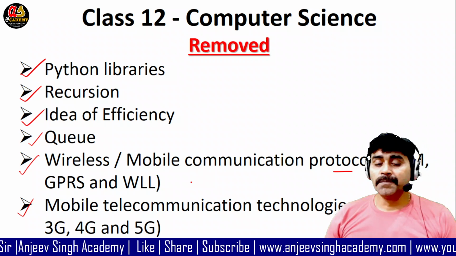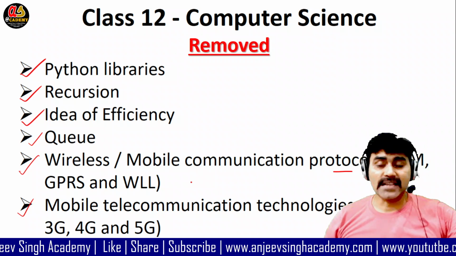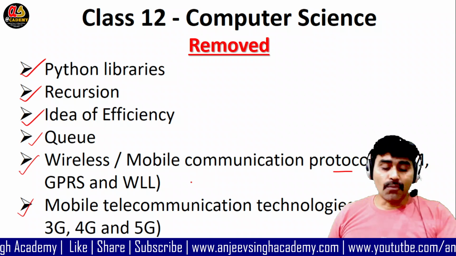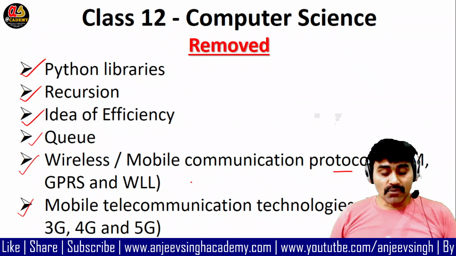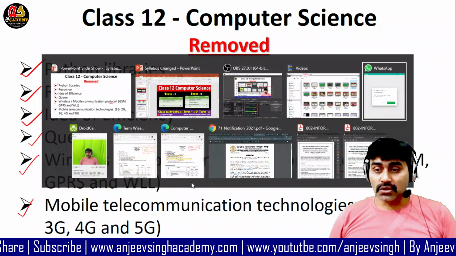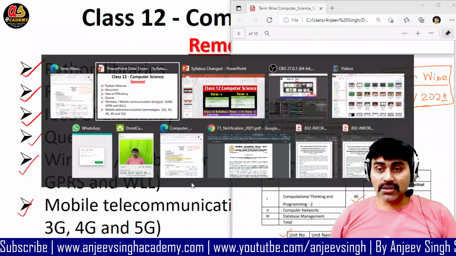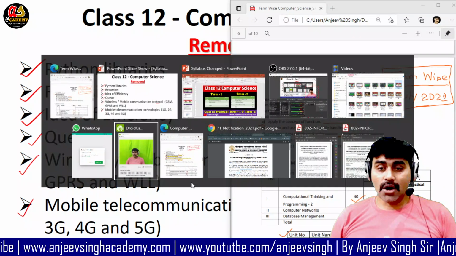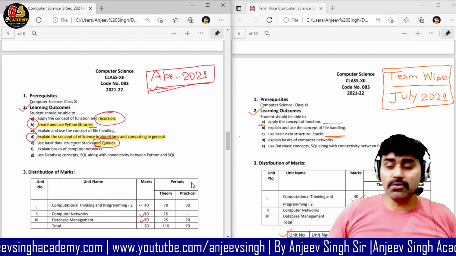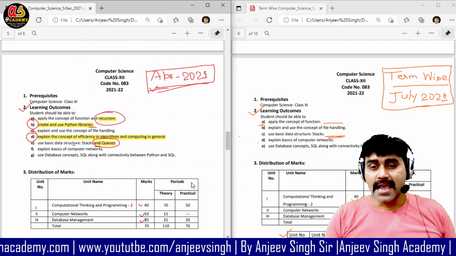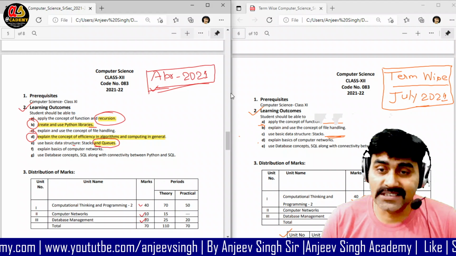Let's move to the actual syllabus. I want to show you what the older syllabus is and what the current syllabus is. So just wait for this. This is the term wise syllabus, and now I'm going to show you the syllabus which was published by the CBSE in the month of April of this year.